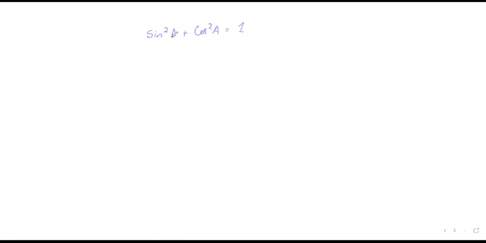I've swapped theta for A. Now, I can write sine squared A in terms of cos. I have transposed the positive cos, it becomes negative. So sine squared A is equal to 1 minus cos squared A.